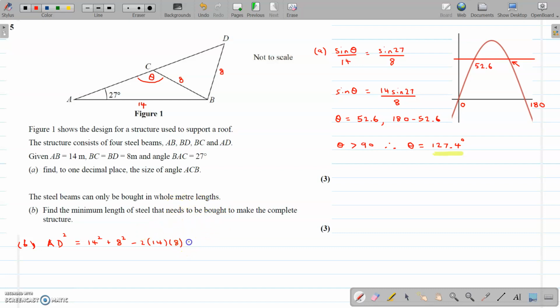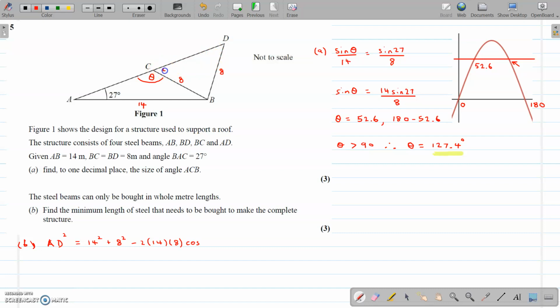Now, the cosine of the angle between them is 180 minus the 27 and minus the 52.6. Now I'll just explain where that's all come from.